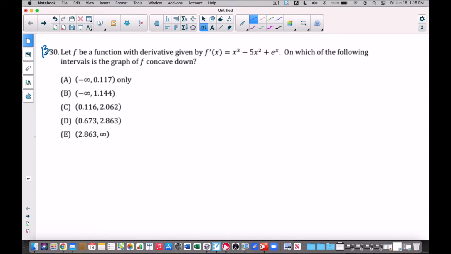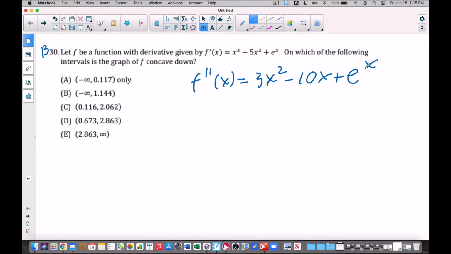So, if we're doing concavities, first we have to find the double prime, the second derivative. So f double prime of x equals, just do simple power rule, 3x squared, bring down the 3, subtract 1, bring in the 2, 10x, and then it's e to the x, and that's just e to the x again.